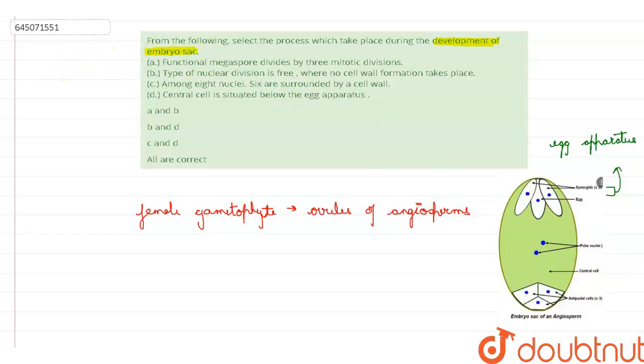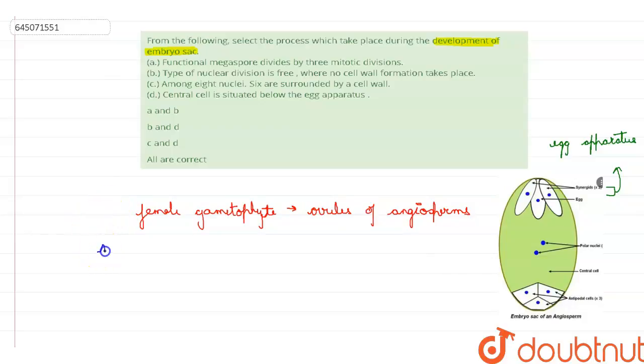Now if you can see in this picture, how is the embryo sac developing? The first stage happens when megasporogenesis occurs, when the haploid megaspores form a tetrad, due to which meiosis happens to the mother cells.